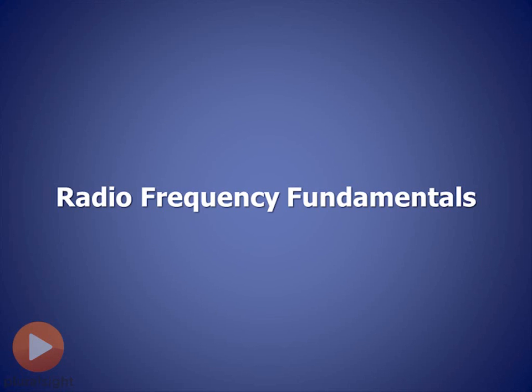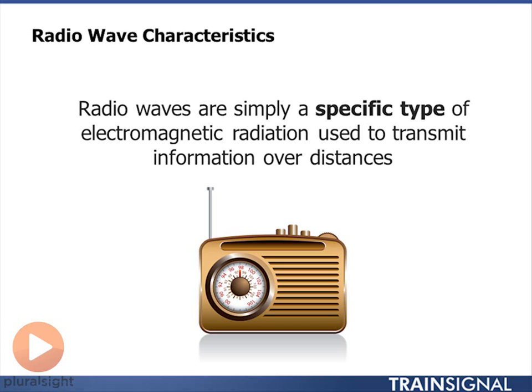So let's now focus in on radio frequency fundamentals, and we're going to start using the terms that we use when we described radio waves within the wireless LAN environment. Radio waves are in a specific area of the spectrum band, and we're going to use those radio waves to send our information over the air.